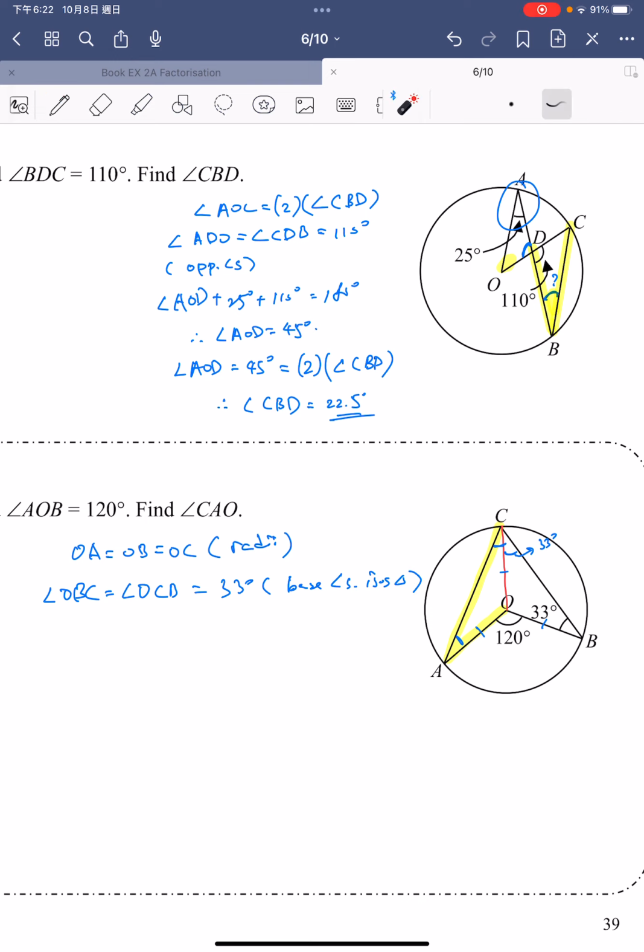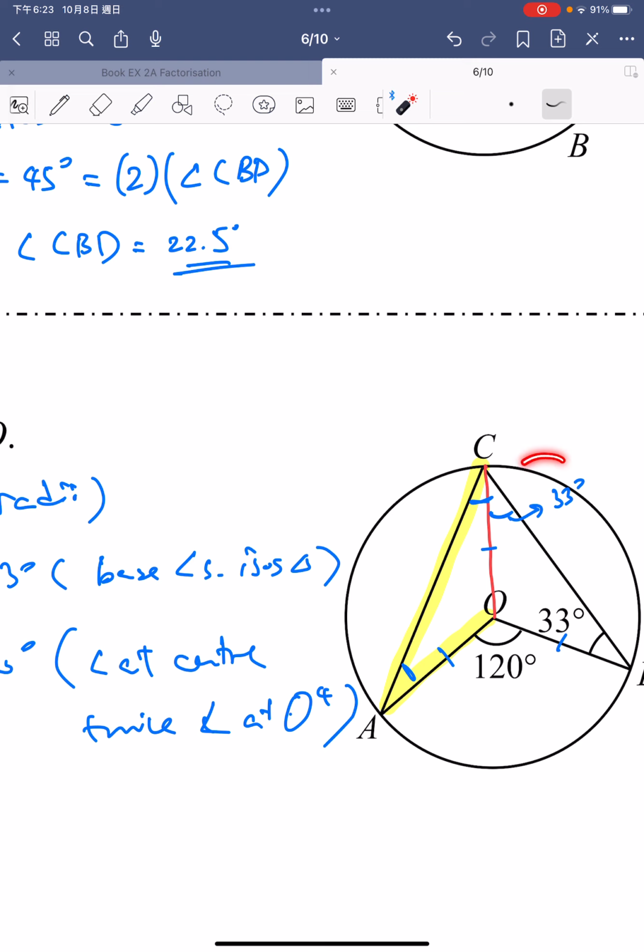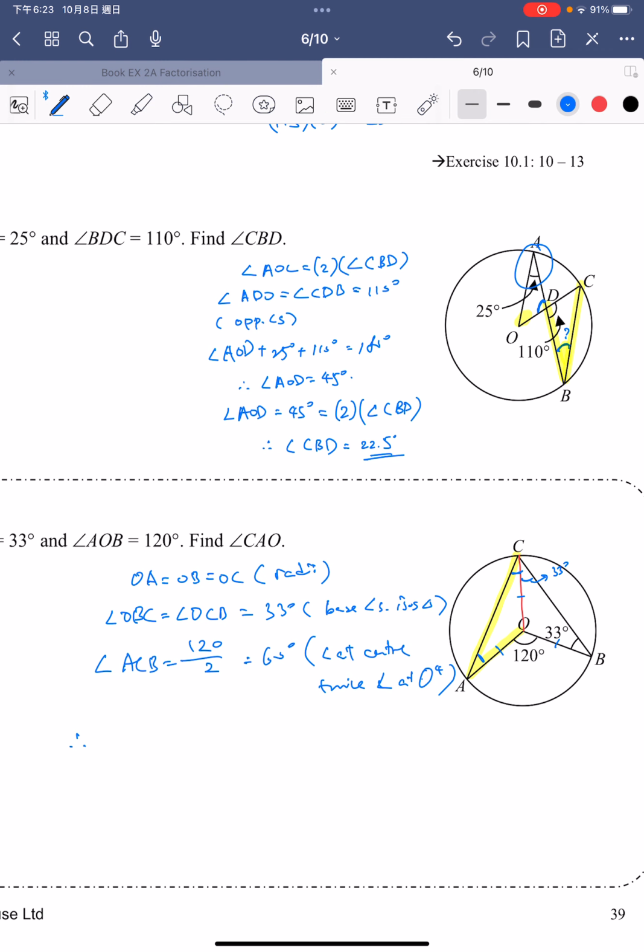And now we have the angle at the circumference is half of the angle at the center. So now we have the angle ACB is actually equal to 120 divided by 2, which gives you 60 degrees. So this is what we call the angle at the center twice the angle at the circumference. So now we got the whole angle connecting with 33 and the variable is equal to 60, so that we have the angle ACO is equal to 60 minus 33, which gives you the answer 27 degrees.